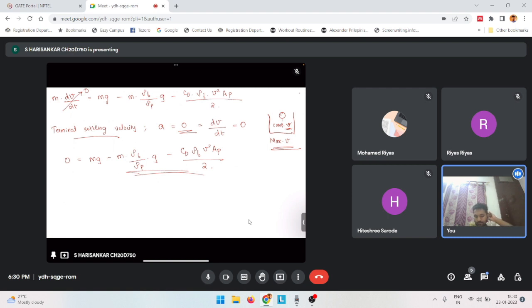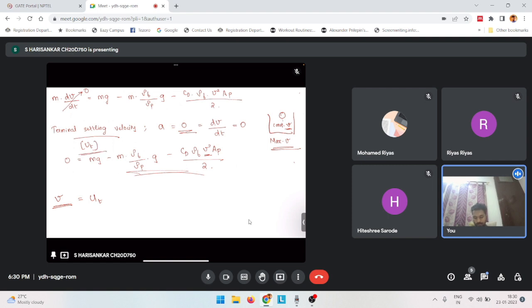Right. Now if we solve this equation, we can get the term for velocity v, which we can term as terminal settling velocity, ut.